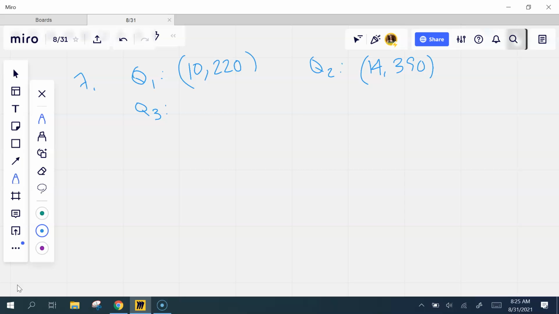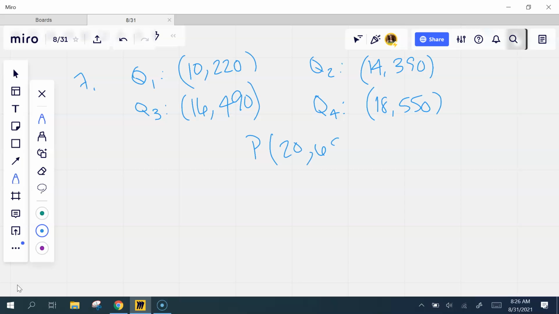I think that's probably 16, maybe 490 again. Q4, maybe 18, 550. And then P, because that's where I'm going off of each time, 20, 650. And so you have this graph.